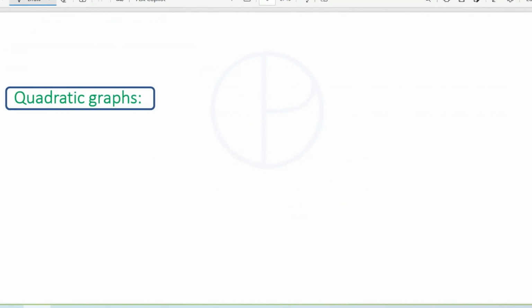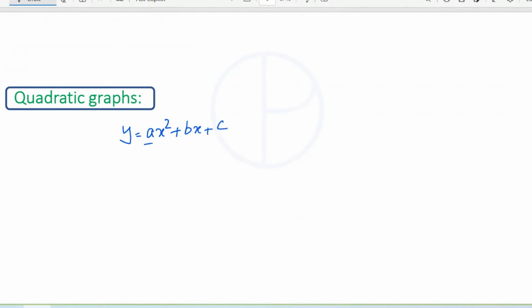The next topic is quadratic graphs. How to sketch a quadratic graph? y is equal to ax squared plus bx plus c.